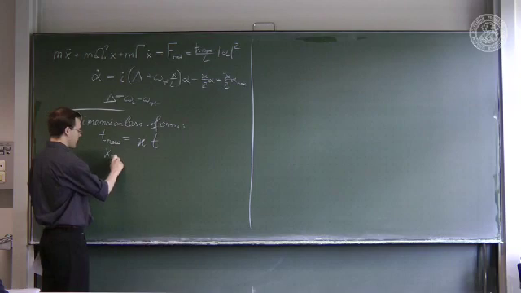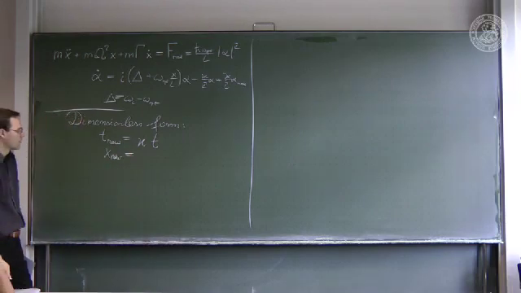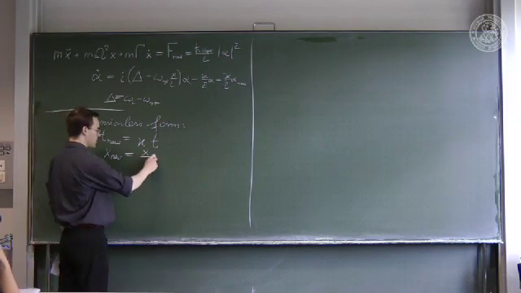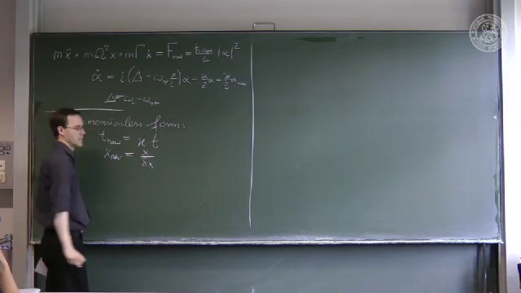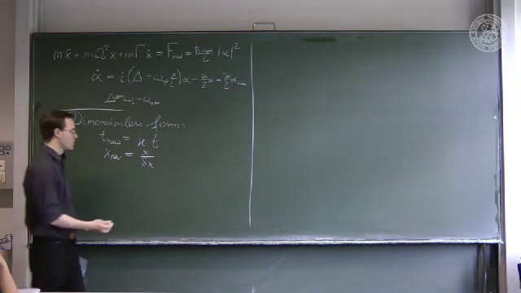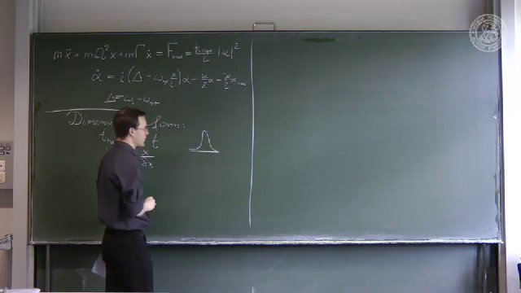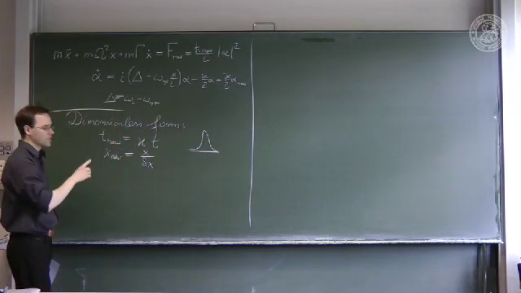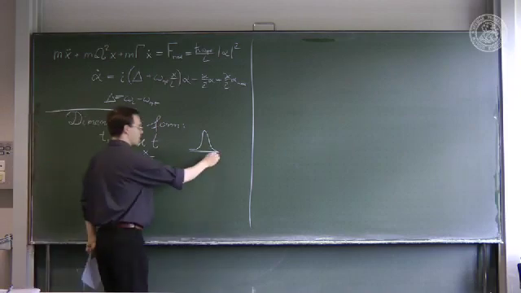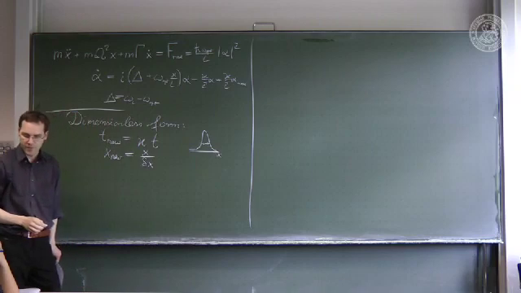It's a dimensionless quantity. Likewise, for the new position, I want to take the old dimensionful position and divide it by some conveniently chosen delta x. Now what's my choice here? Well, I look at the optical resonance peak as a function of displacement, and I look at its width.